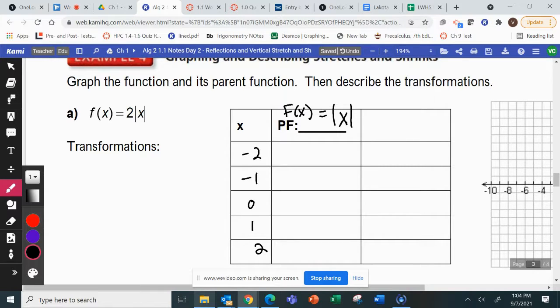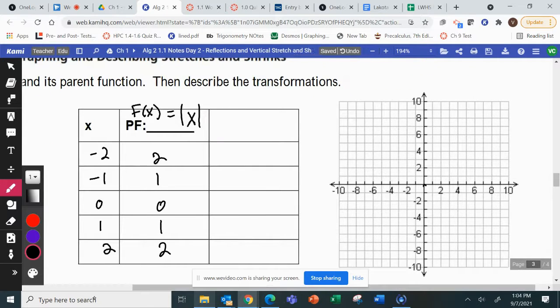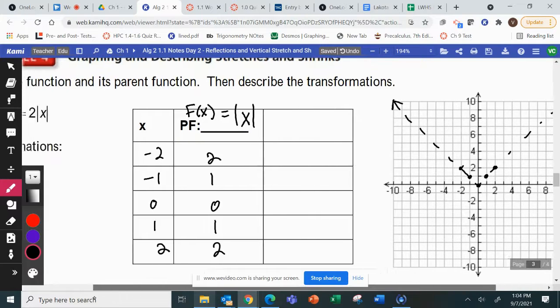And then what happens when I absolute value them? They're all positive. So we have 2, 1, 0, 1, 2. And then when I plot those, I've got my parent function points. If you want to draw the whole parent function graph, that's fine. Just make sure I can tell the difference between your parent function and your transformed function.